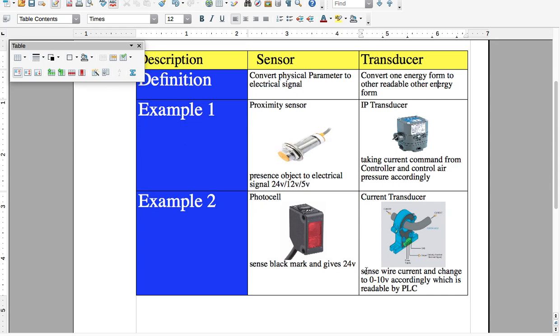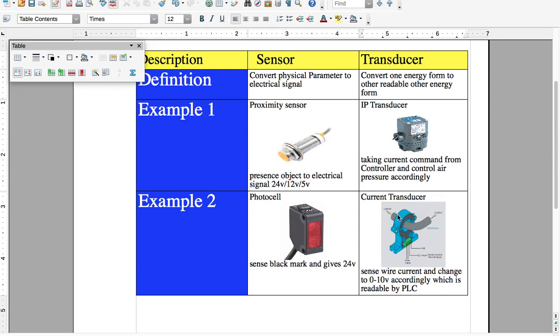Like I have written on this sheet, the wire current may be very high, for example 100 ampere, and it is changed to 0 to 10 volt accordingly, which is readable by a PLC, because this voltage is very easily readable by a PLC.